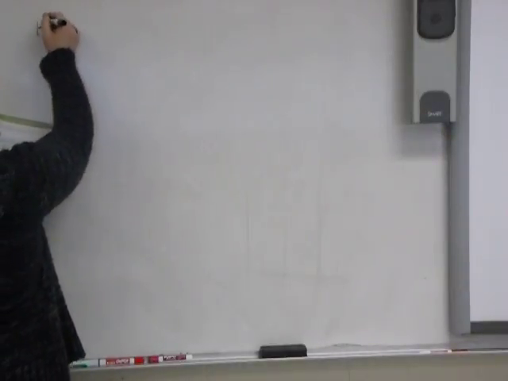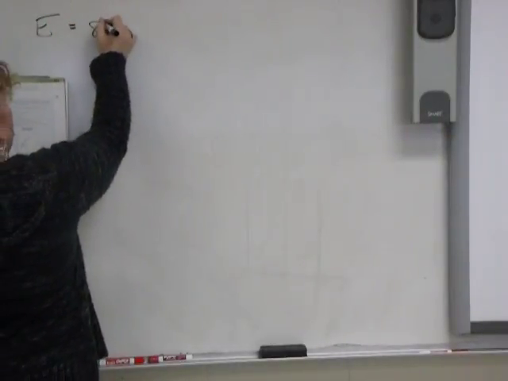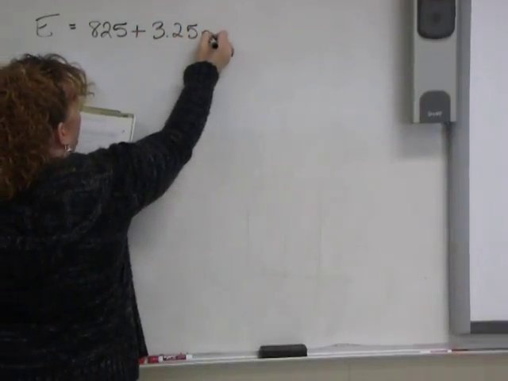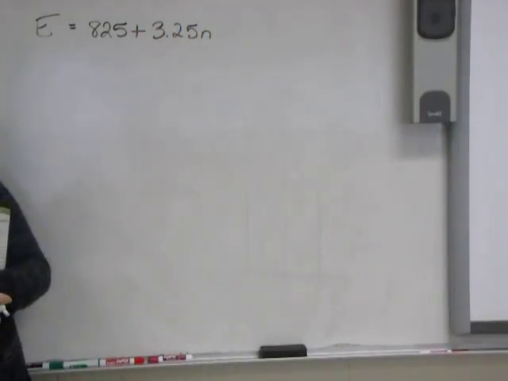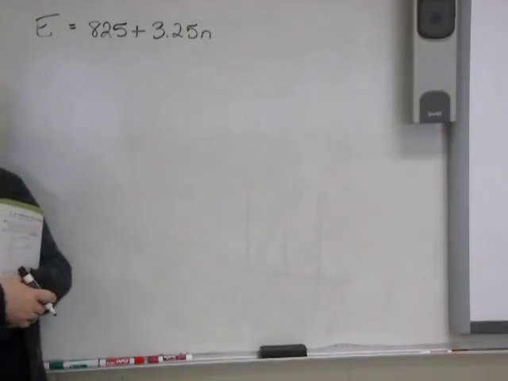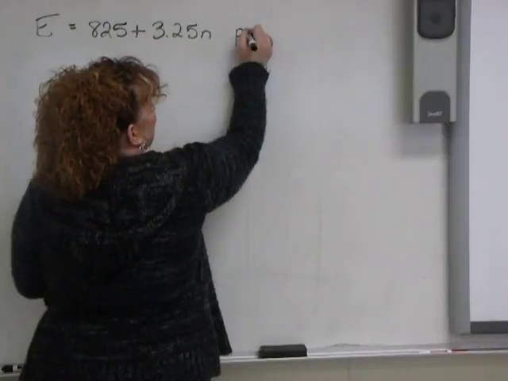At Fabulous Fabian's Bakery, the expenses to make N cakes per month is given by the equation: $825 plus 325 times N. Expenses are what a company pays out.